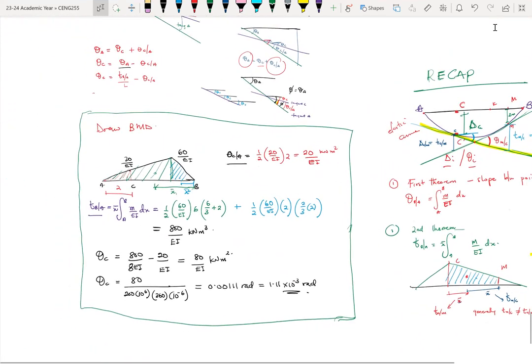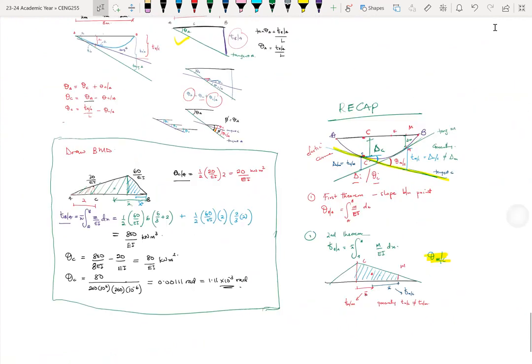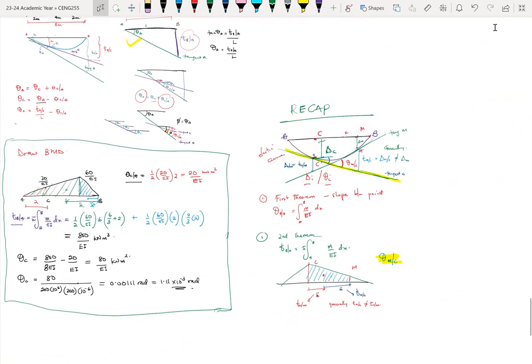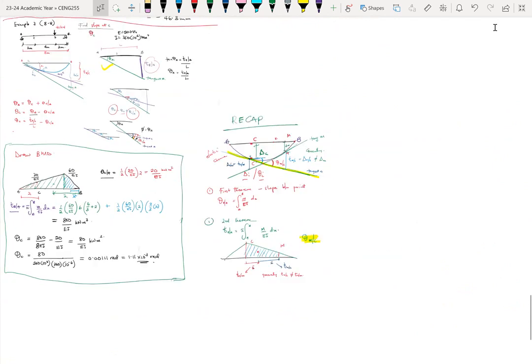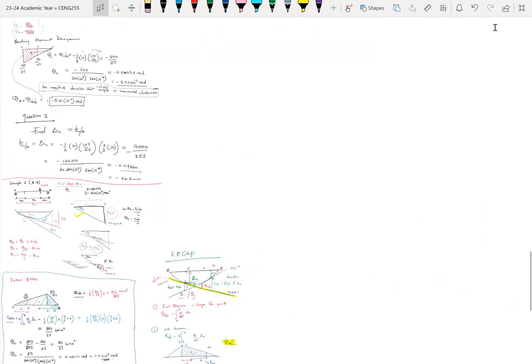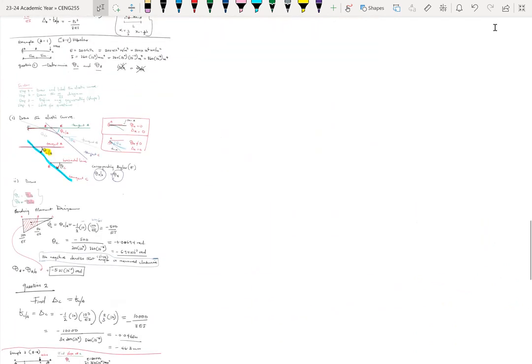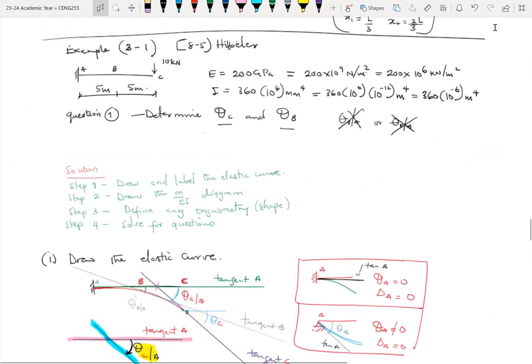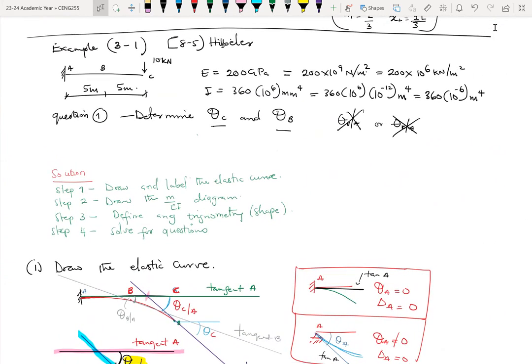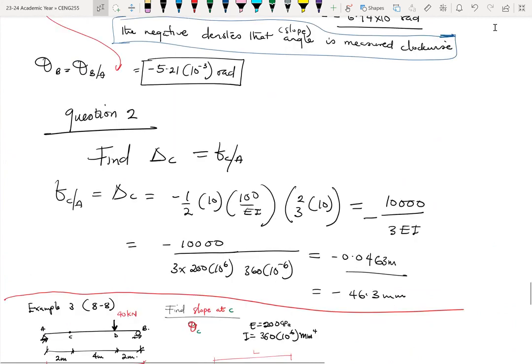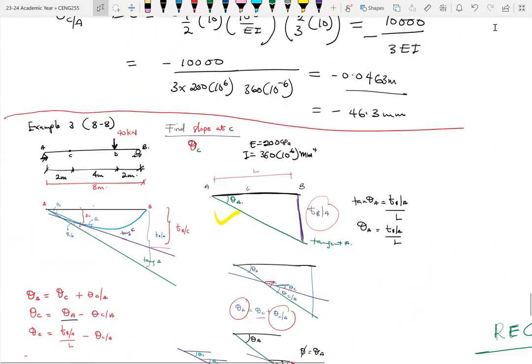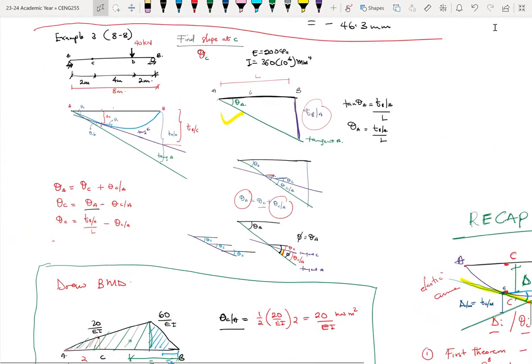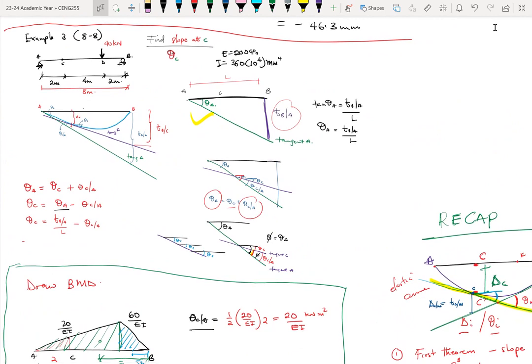So we can look at what we were doing last week and then move on from there. Last week we had this example, which can be found in Hibbeler, from the 5th edition upwards.